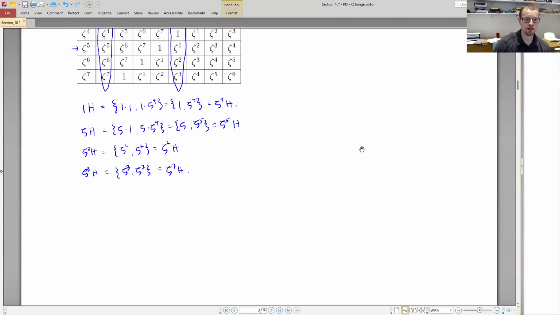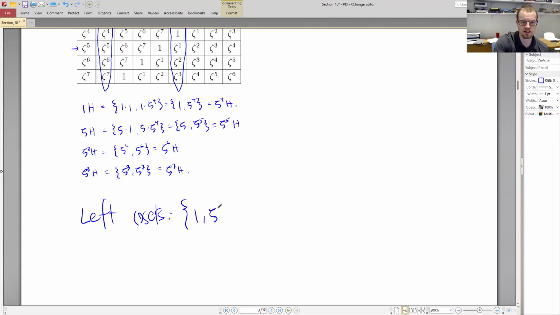So the left cosets are exactly these sets that we have obtained: 1 and zeta to the fourth, zeta and zeta to the fifth, zeta squared and zeta to the sixth, and finally zeta cubed and zeta to the seventh.